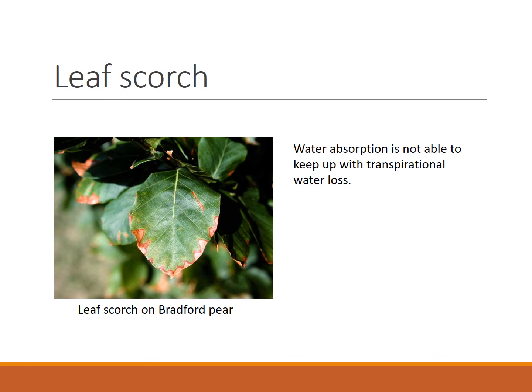Sometimes the amount of water absorbed by the root system is not able to keep up with the amount of water being lost to transpiration. What can happen is we can kill tissue, and usually this happens on the edges or margins of the leaf. So the margin of the leaf becomes brown and discolored on a leaf that is suffering from leaf scorch.